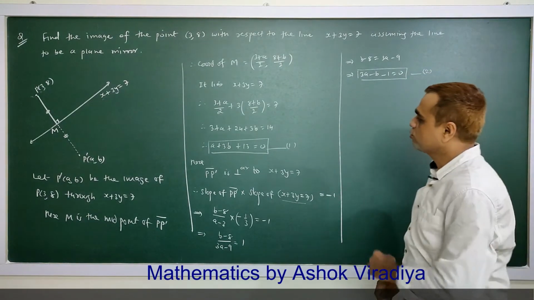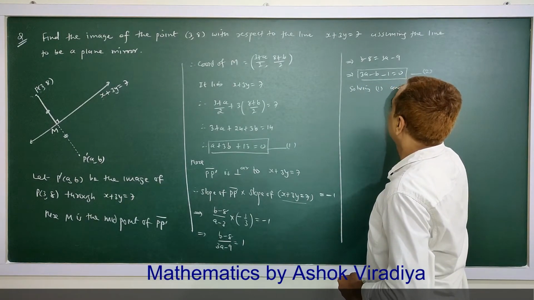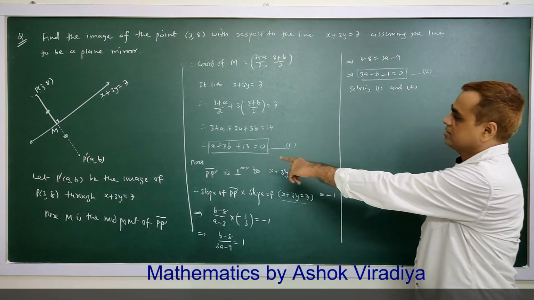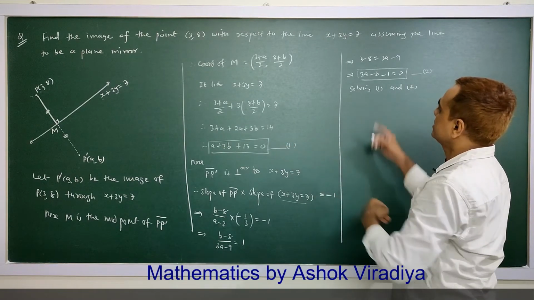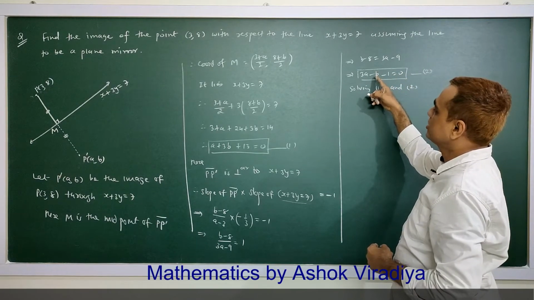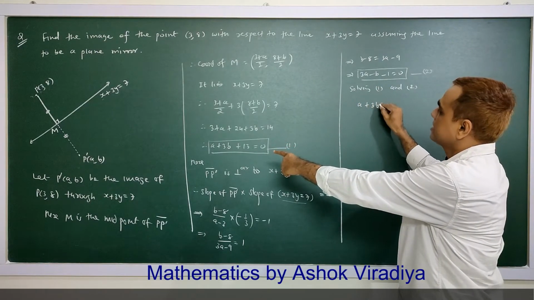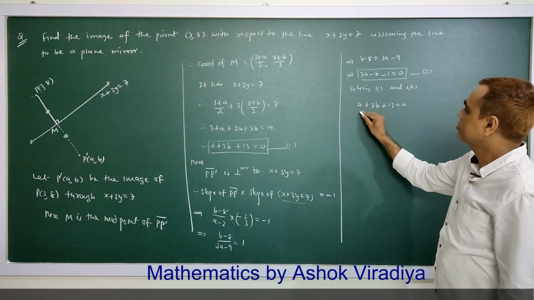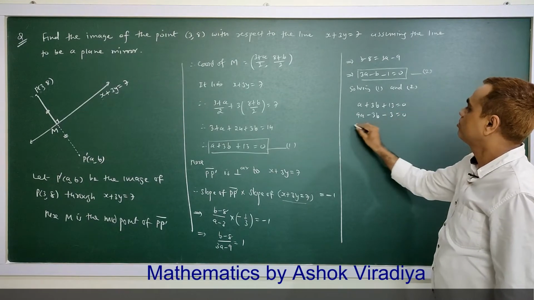Now we solve these two equations. Solving 1 and 2, we can get the values of a and b. Here a + 3b + 13 = 0 and 3a - b - 1 = 0. I keep the first equation as it is and multiply the second by 3, so 9a - 3b - 3 = 0.